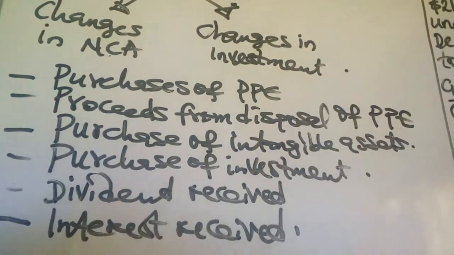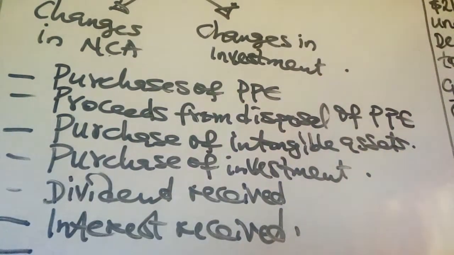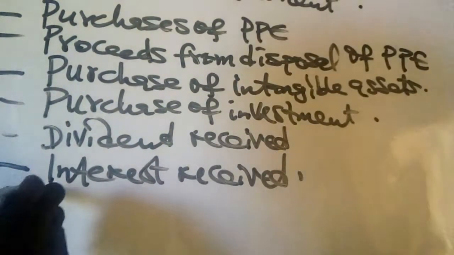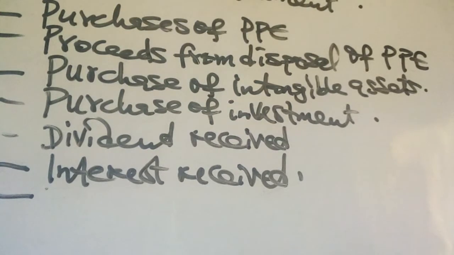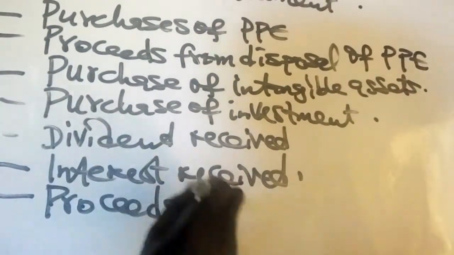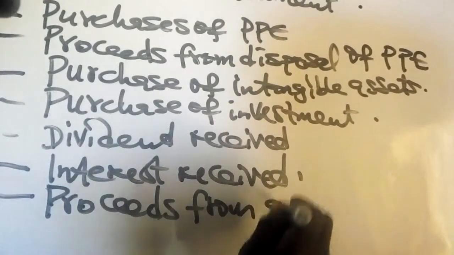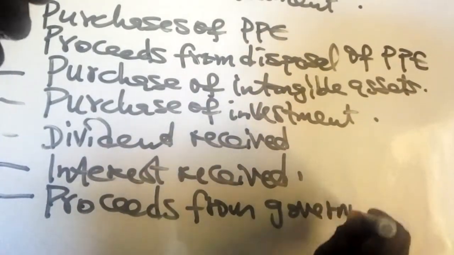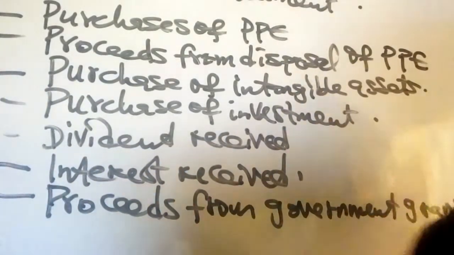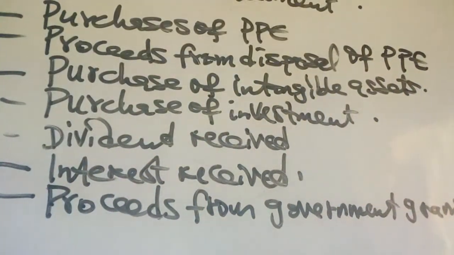Then proceeds from government grant, where there is a government grant. Proceeds from government grant is an investing activity.